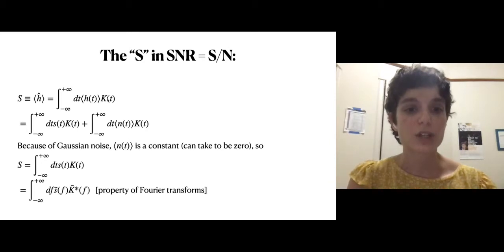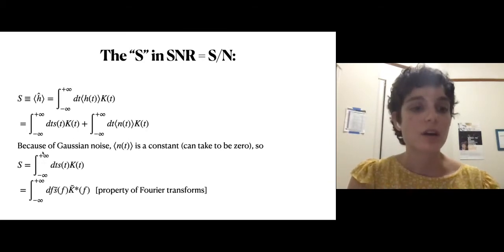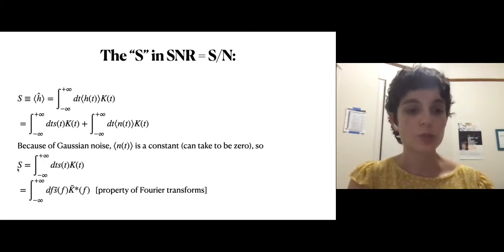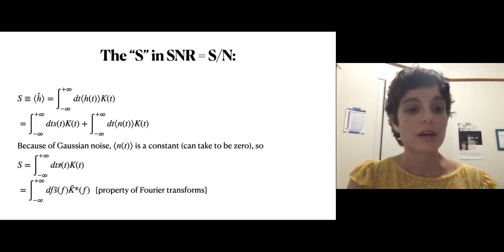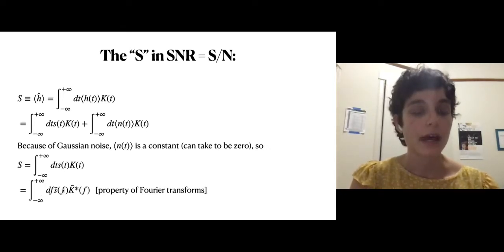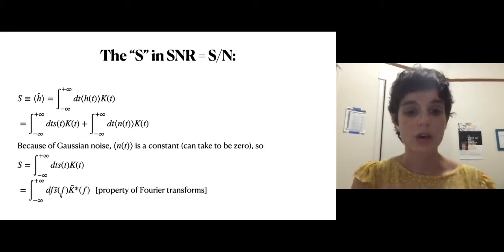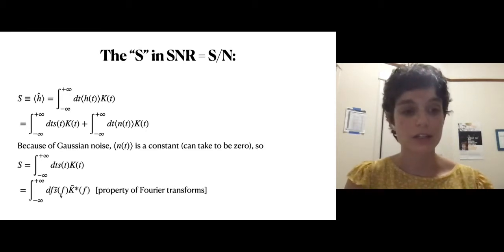So this whole term goes to 0, and our S term, the numerator of the signal to noise ratio, is just this integral here. This integral is over time, but we can write it as an integral over frequency, and this relation is just a property of Fourier transforms.